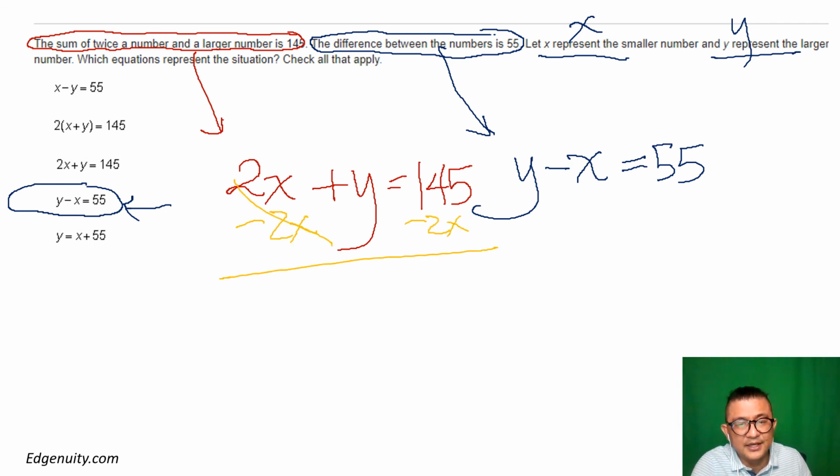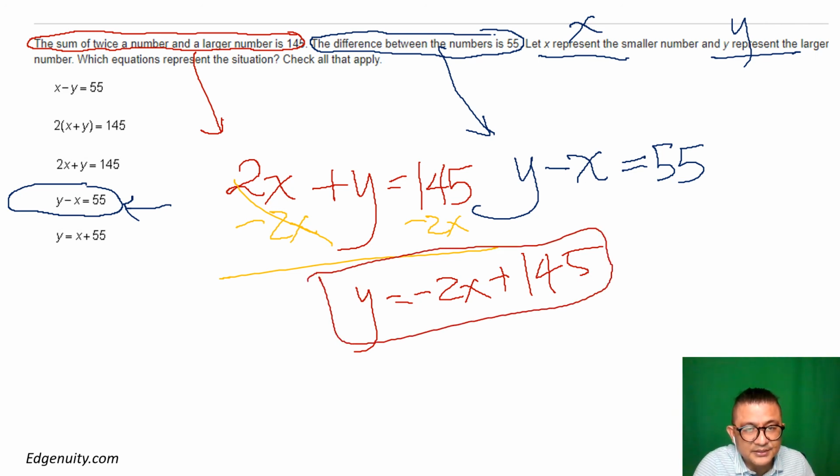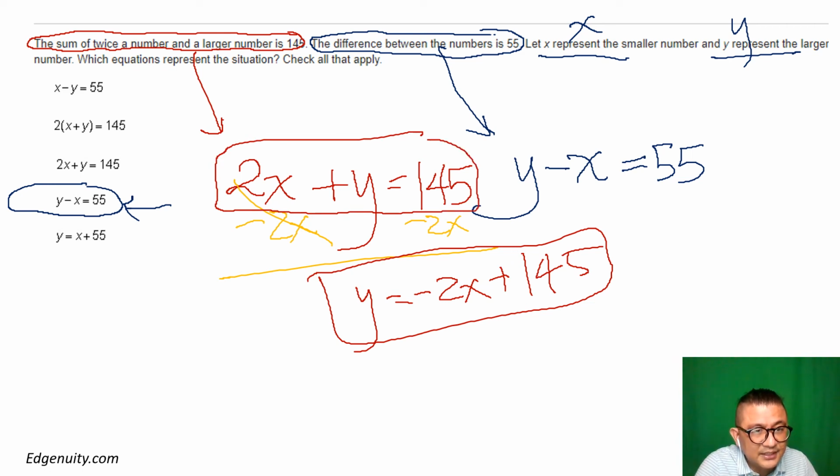That cancels out. Y is equal to negative 2x plus 145. Can you see an equation that looks like this? No. But you can see an equation that looks like this? Yes, this one, right?